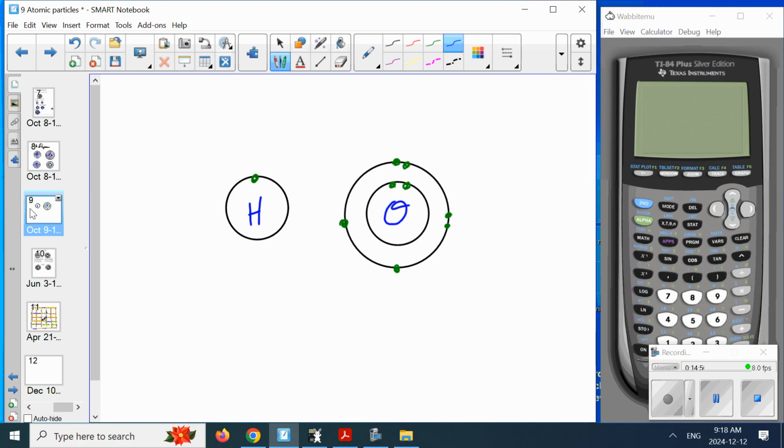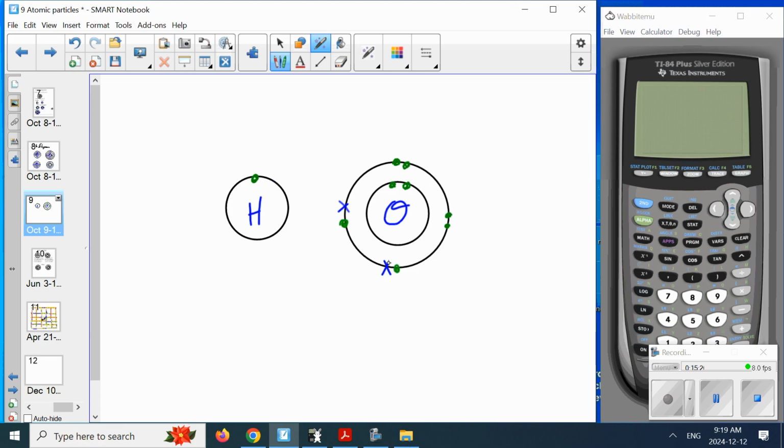Hydrogen, to complete its shell, because it's on the first ring, only needs one more electron, and then it's got a complete shell, right? So somehow hydrogen wants to share with something else, and it wants a second electron. Oxygen has two singles. It wants one right there, and it wants one right there. That's what that predicts.